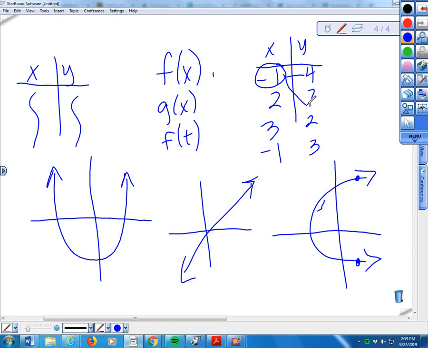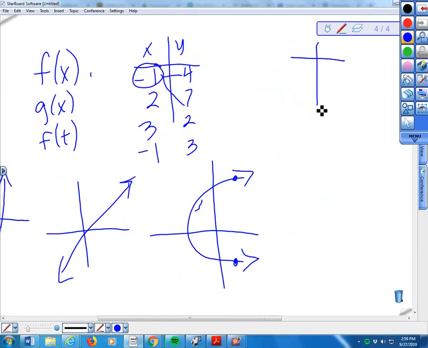It's okay if the y value repeats twice, if I had 3, 2, 3. Because think about it: if I graph this, -1, 3, 0, 2, 1, 3, that definitely passes the vertical line test.